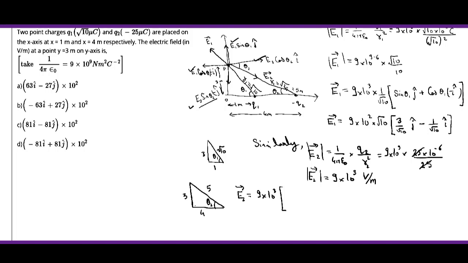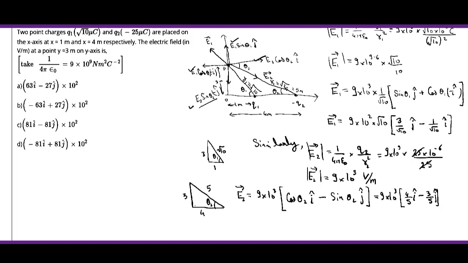So we write these two values as cos theta 2 i cap minus sin theta 2 j cap. On putting the value, we get 9 into 10 to the power 3, and inside, cos theta 2 will be 4 divided by 5, and sin theta 2 will be 3 divided by 5, with the unit vectors i cap and j cap.